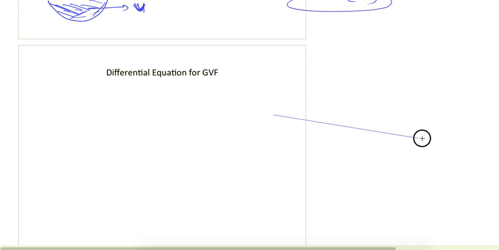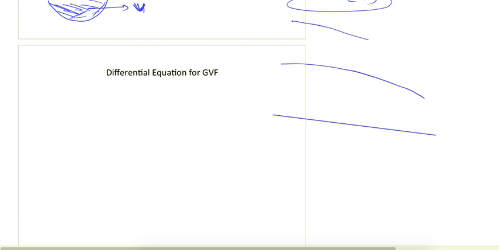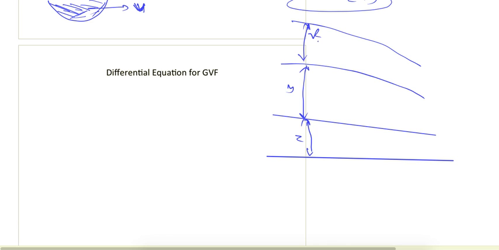So let's draw a section. This is the water flow, so this is the energy line. If I'm taking some datum here, this level from here, Z, y, this is v square upon 2g.